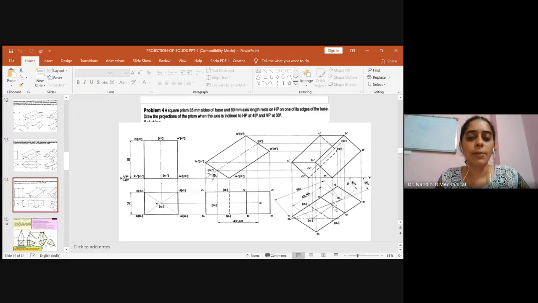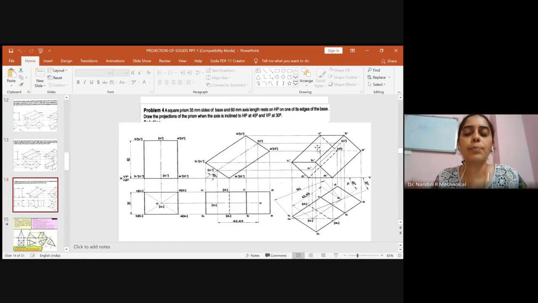For this, how to solve the problem. Along with this, one more category you can get in the question, as I explained you. If it is not given directly inclined to VP at 30 degree, if they would have given appears to be inclined to 30 degree, then the first stage and the second stage will be the same. For the third stage, instead of determining the apparent angle, we will shift directly the apparent length of the axis to given 30 degree to VP, complete the third and the fourth stage.